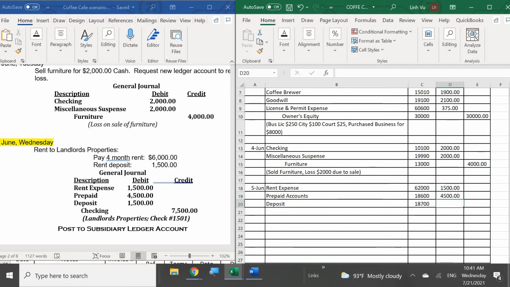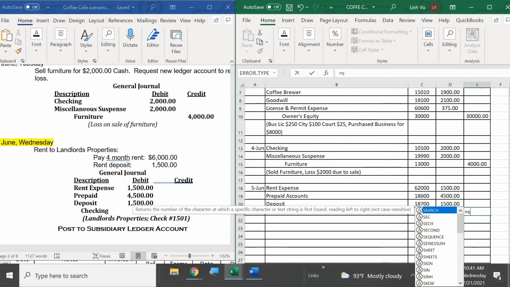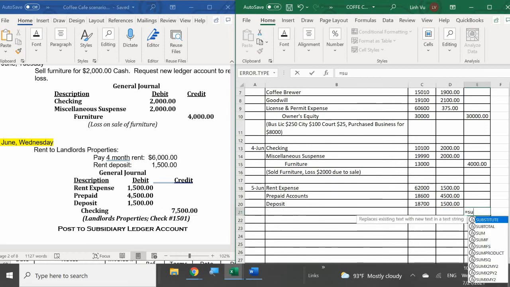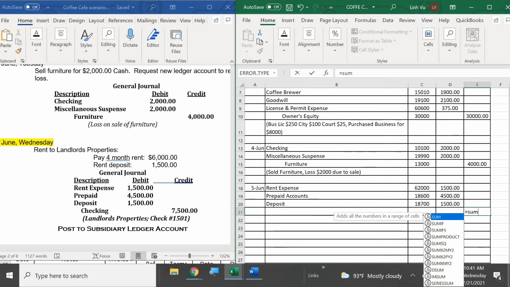Okay. Last but not least, my rent deposit is for 1,500. So once again, to verify and confirm that I didn't make any typos, I am going to run my formula for equal sum, okay?